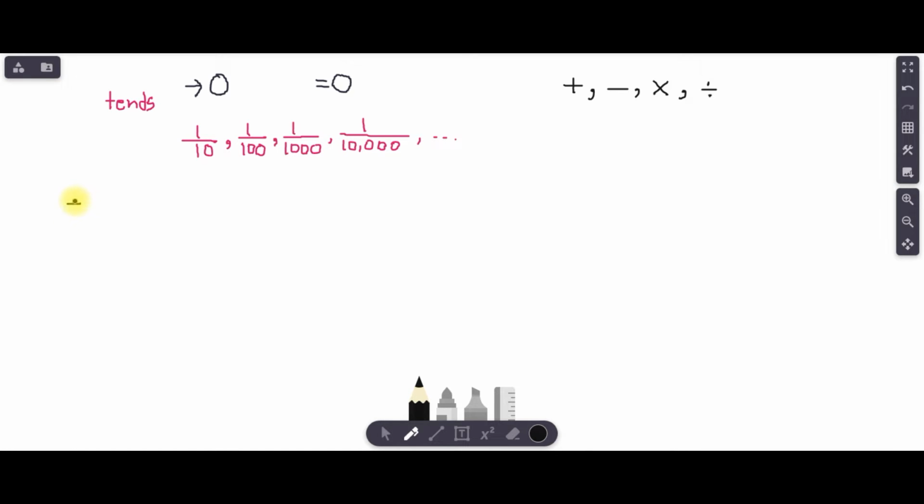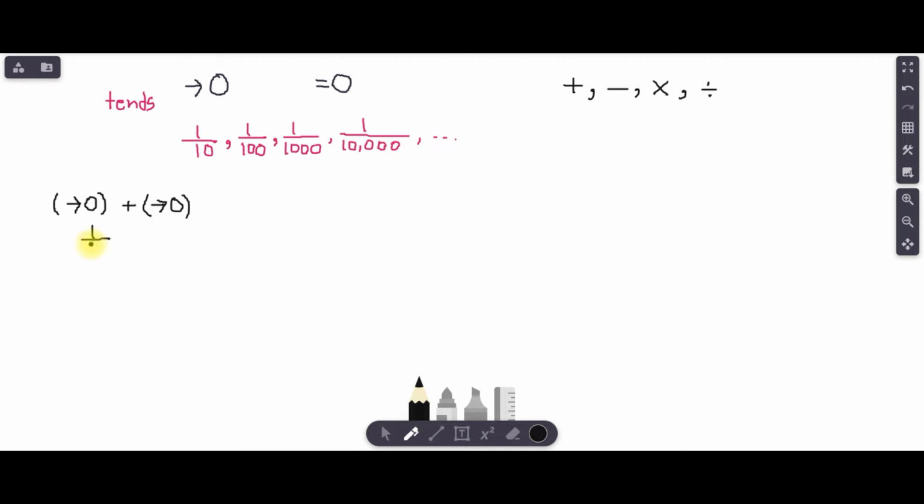So first thing, adding 2 tending to 0, means 2 very small numbers, and let us check whether it's an indeterminate form or not. Means the result is definitely known in advance or not.